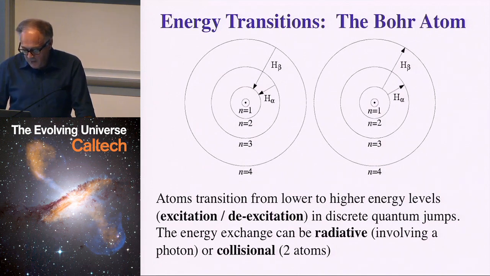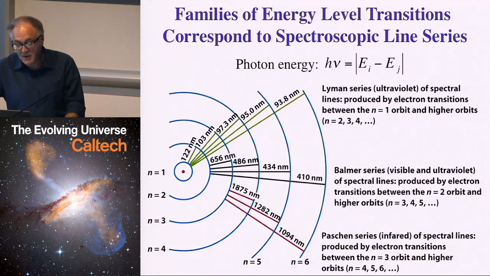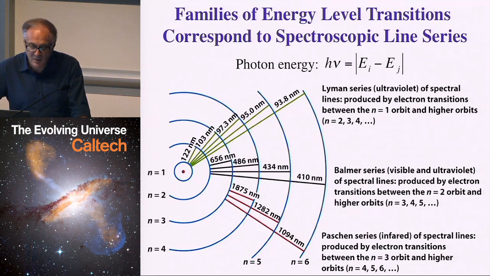In hydrogen itself, which is the simplest case, even back in the 19th century people noticed that different emission or absorption lines of hydrogen showed regularities that were written as Rydberg's formula, and transitions to or from a given level correspond to one of those series of lines.